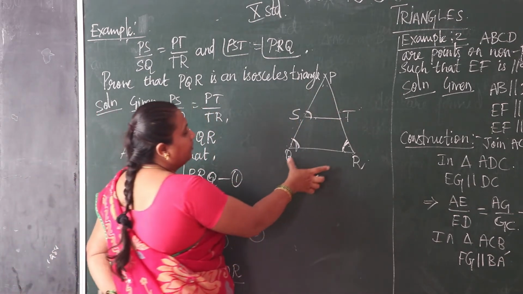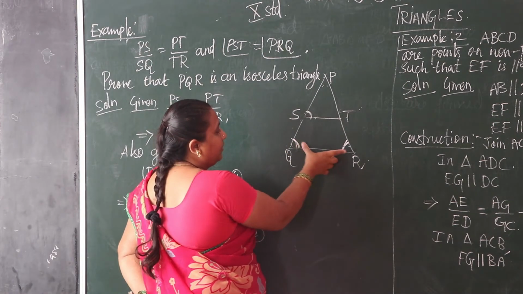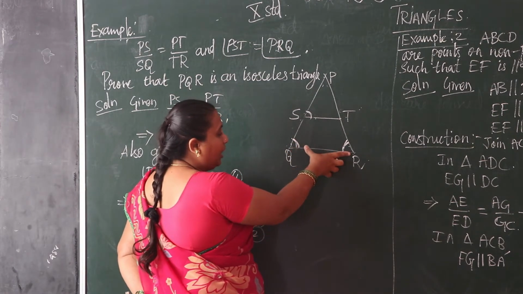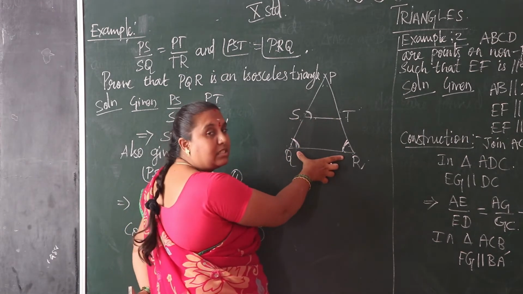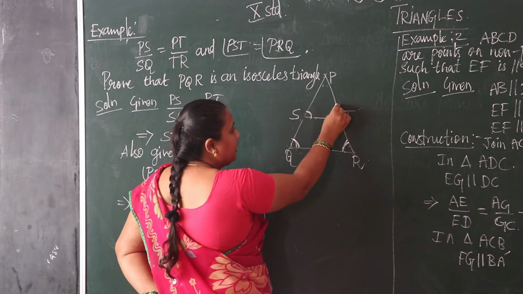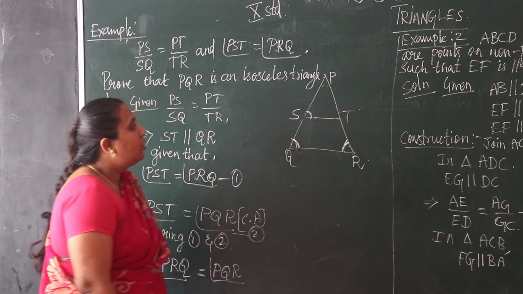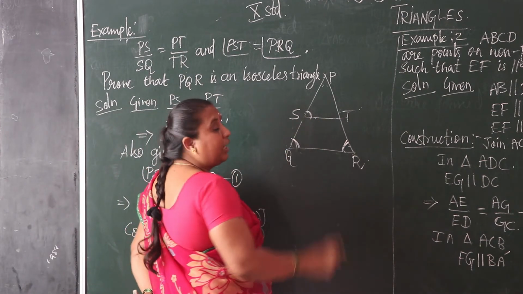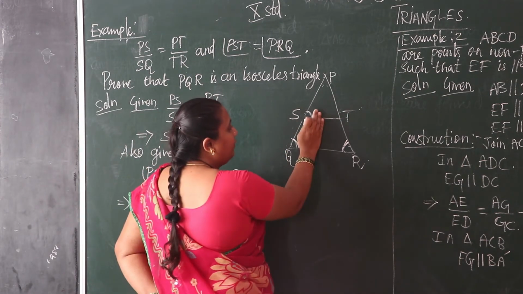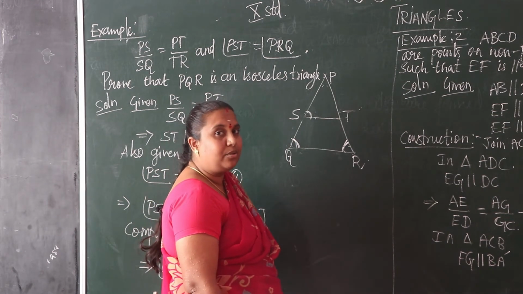The theorem: the opposite sides of two equal angles are equal. So in this triangle the two opposite sides are equal, which means we can say it is an isosceles triangle. Understood, children?